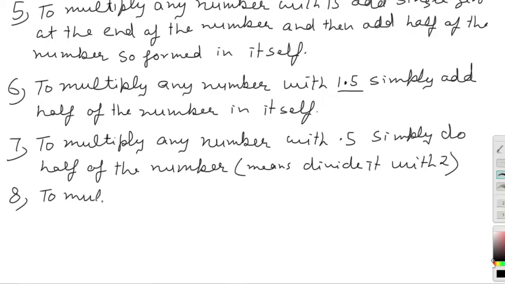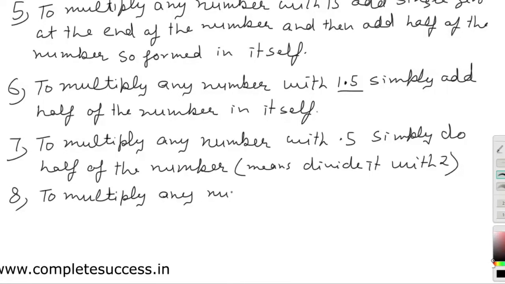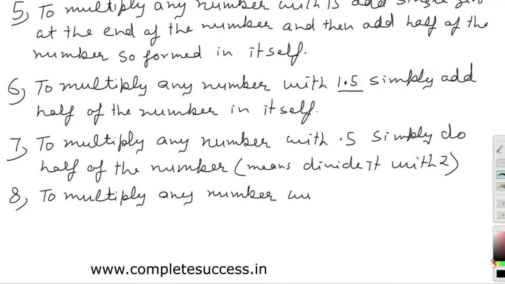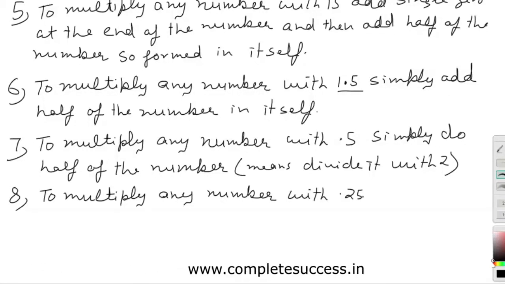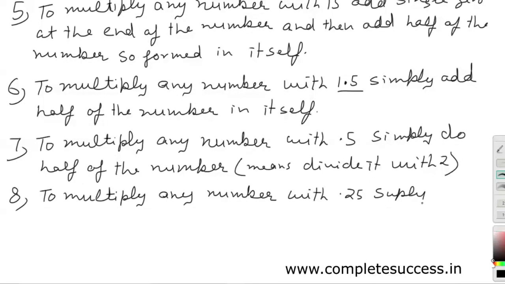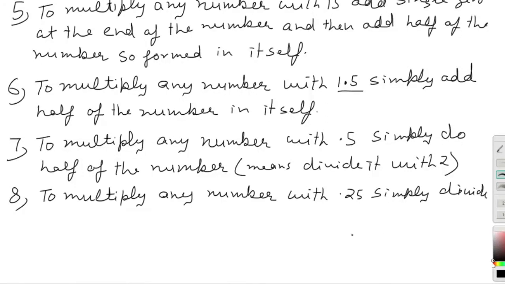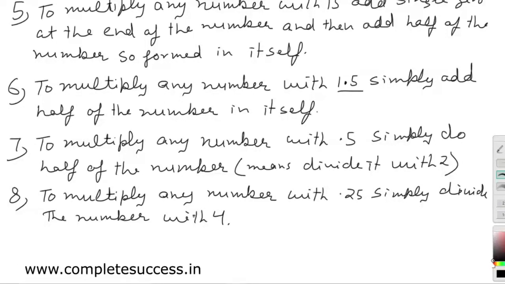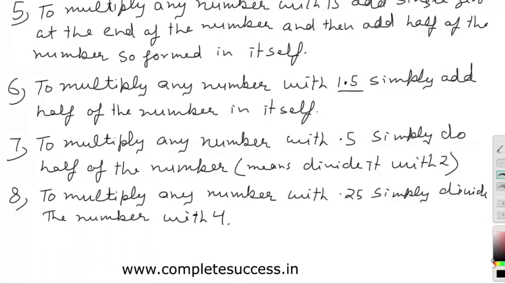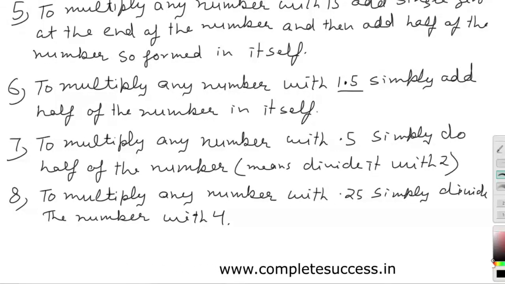Very important. To multiply any number with 0.25, simply divide the number with 4.